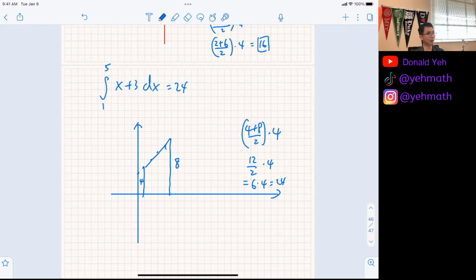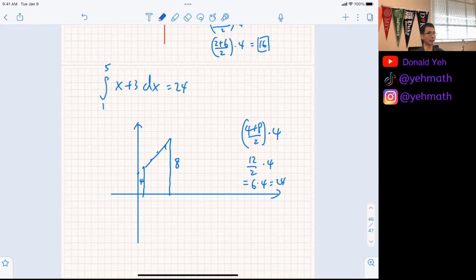So just by counting the area, counting the trapezoid, I need you to know trapezoid. Because later on there's something called the trapezoid rule. Knowing how to calculate the area of a trapezoid, don't avoid it.